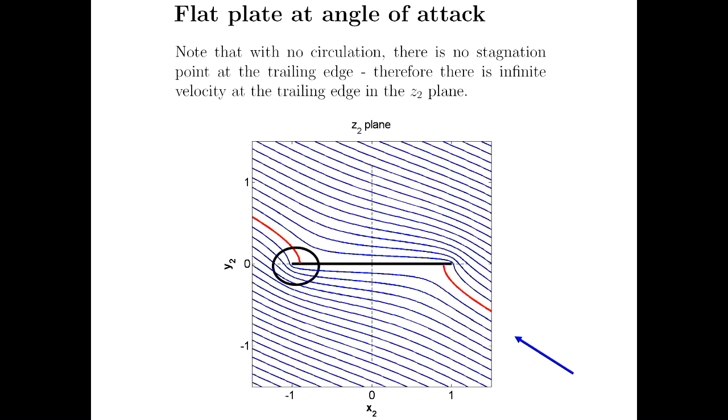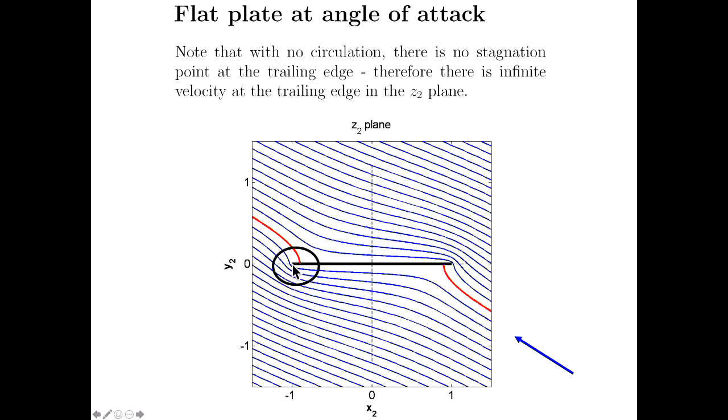So remember there is some problem here, right? Because if you look at this flow here, at your trailing edge your velocity is not 0, which means that your velocity at the trailing edge is infinite. So that's not good.